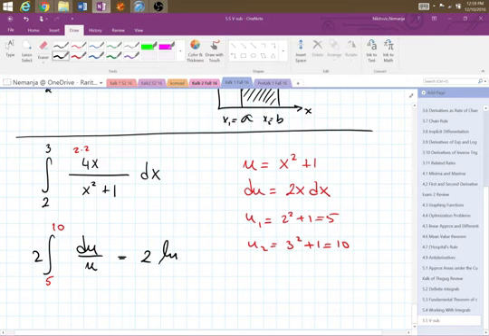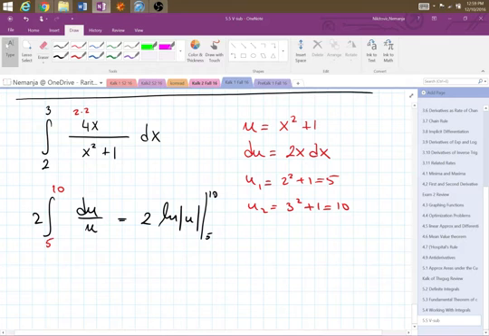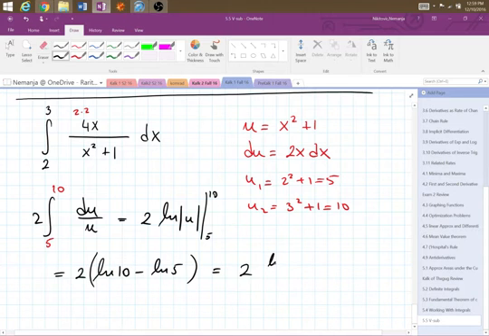2 ln u from 5 to 10, which is equal to 2 times ln 10 minus ln 5, which is 2 ln of 10 over 5, which is 2 ln 2.